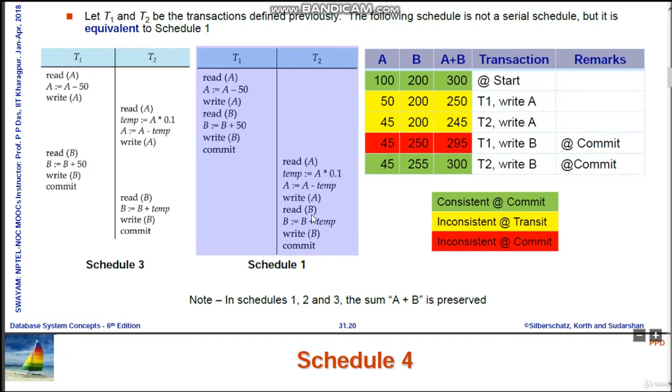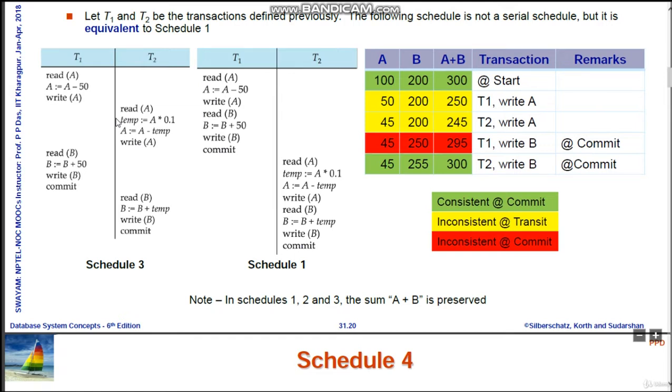So if we prove it, a serial schedule guarantees consistency. If the transactions follow the ACID properties, then absolutely our DBMS database will be consistent, before and after. But if it is concurrent, okay guys, we can't say whether it is consistent or inconsistent.